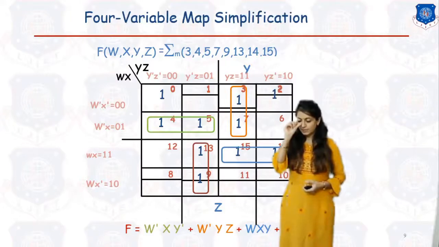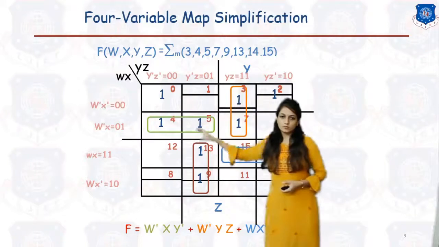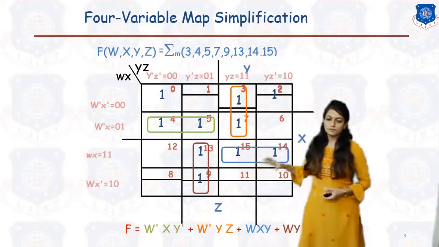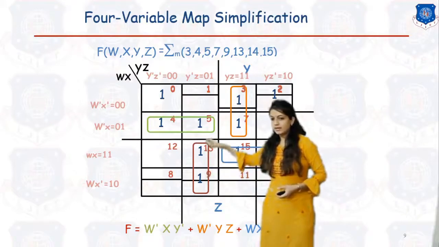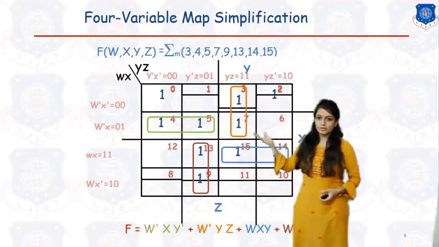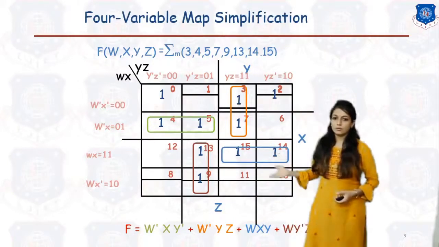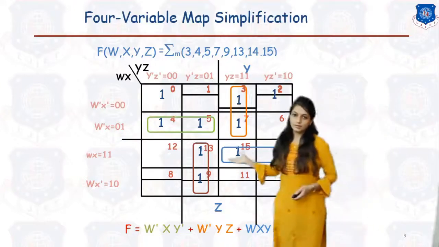We need to place it like these 2 ones, these 2 ones, these 2 ones, and these 2 ones. So you will get the Boolean function like this: W dash X Y dash for this green one, W dash Y Z for this orange one, W X Y for the blue one, and W Y dash Z for the red one. Alright.